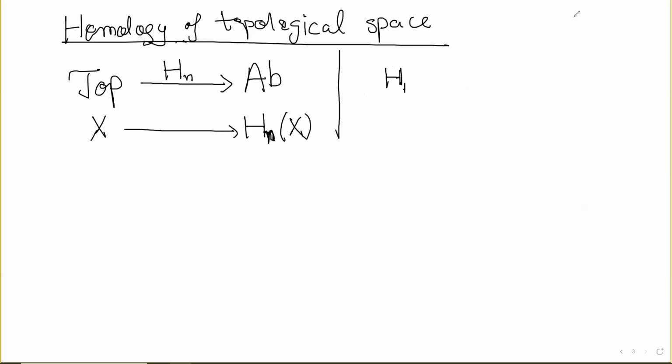If you take R2 and remove a point, then the pi one will detect it, because it says there is a loop which cannot be contracted. It cannot be contracted means it's not homotopic, and the pi one will detect it.